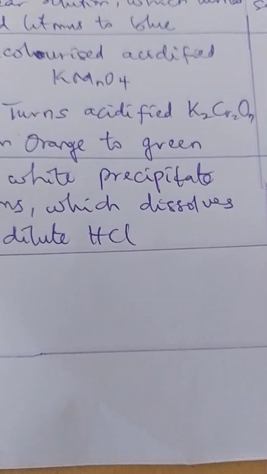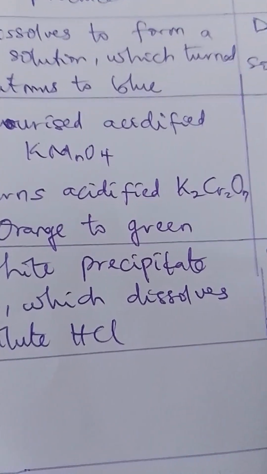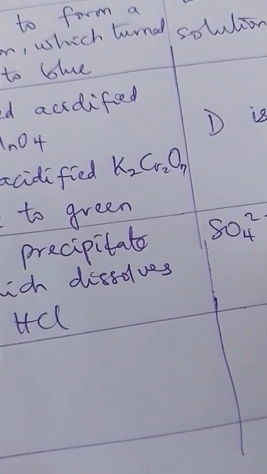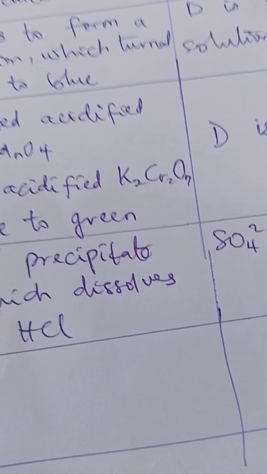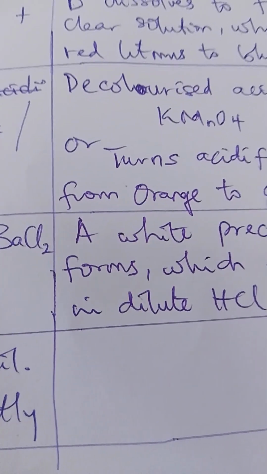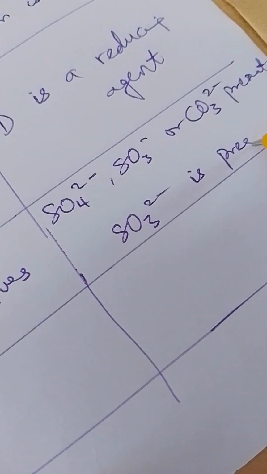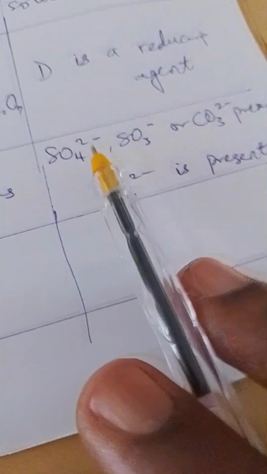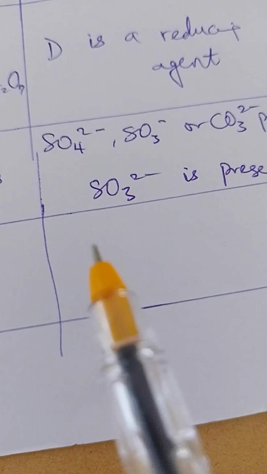Because there's an observation of white precipitate, it's possible we have SO4 2-, or SO3 2-, or even CO3 2- present. Now for the fact that it dissolves, we come under it and say SO3 2- is present. Out of these three, this is the only one that will dissolve, which confirms the presence of SO3 2-.